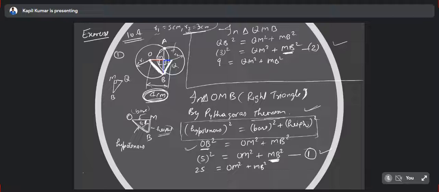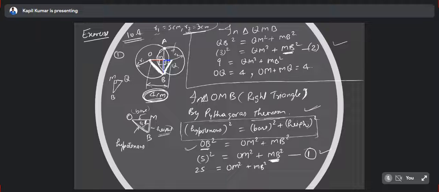So what is 4 centimeter? OQ is equal to 4. In place of OQ we can write OM plus MQ is 4.